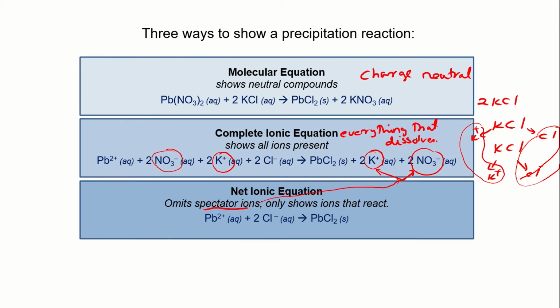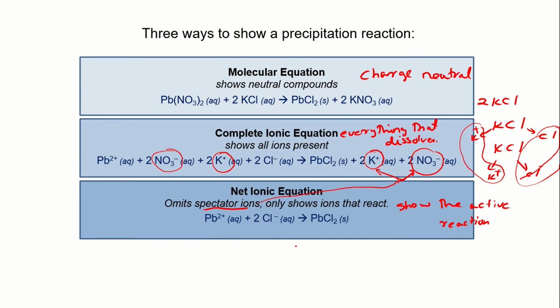So the net ionic equation shows you the active reaction. So what is your active reaction? Lead ion combining with chloride ion to give lead chloride.